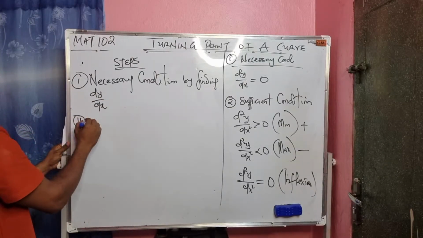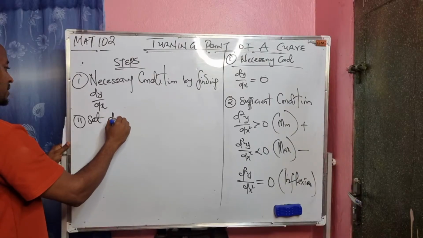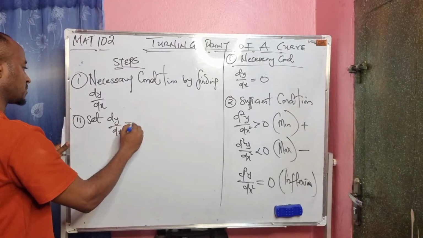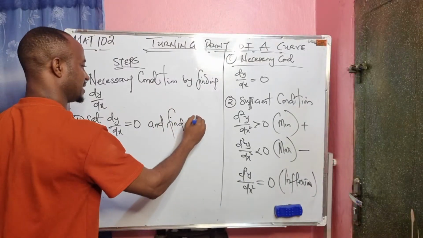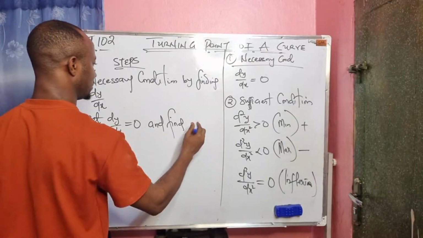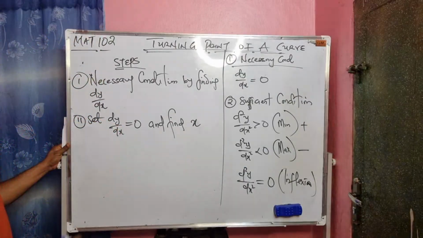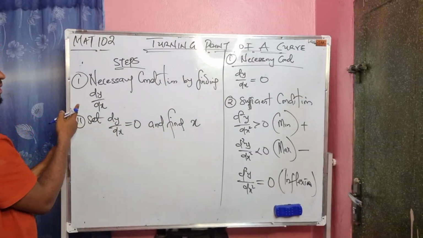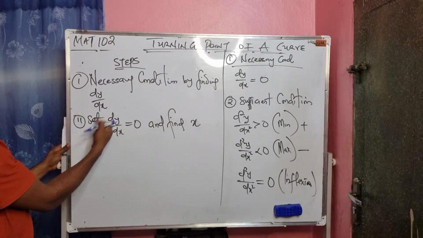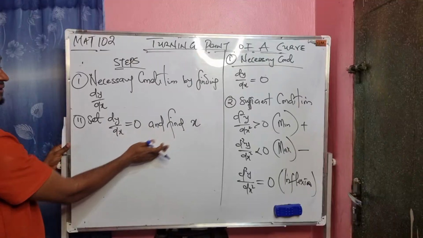Number 2 is that we have to set dy/dx equal to 0 and find x. Please take note. We carry out the necessary condition by finding dy/dx. Then we set dy/dx equal to 0 and find x.